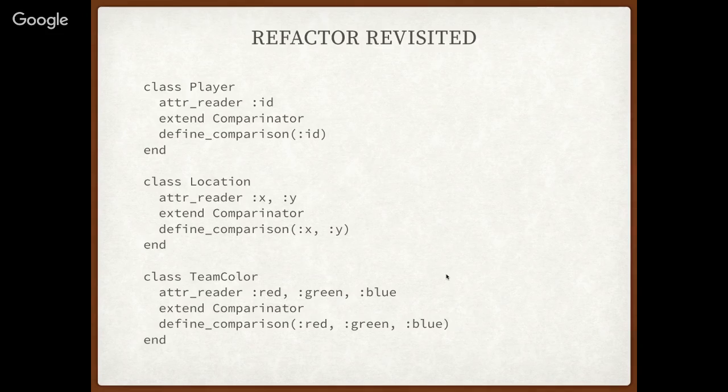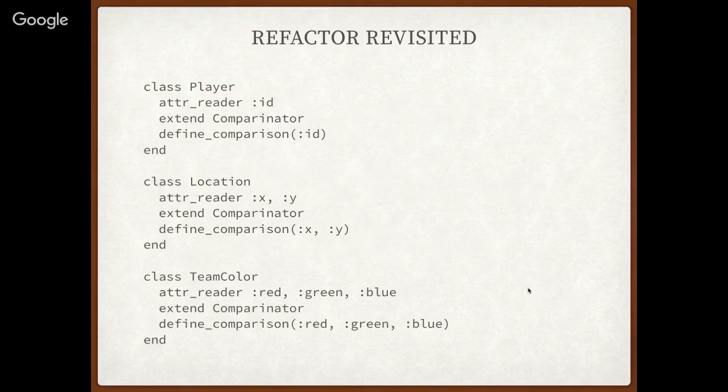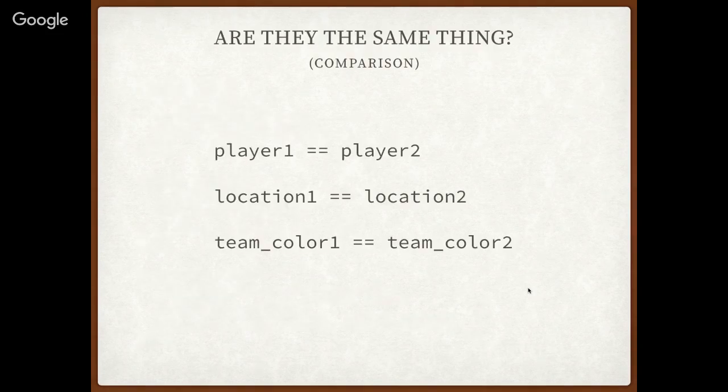So my attribute reader X and Y, I extend my comparinator module, and then I can define comparison X and Y, which goes through and defines a method using X and Y. And my class team color, I have my attributes, I extend comparinator, I define comparison red, green, and blue, and I check to see that it works.